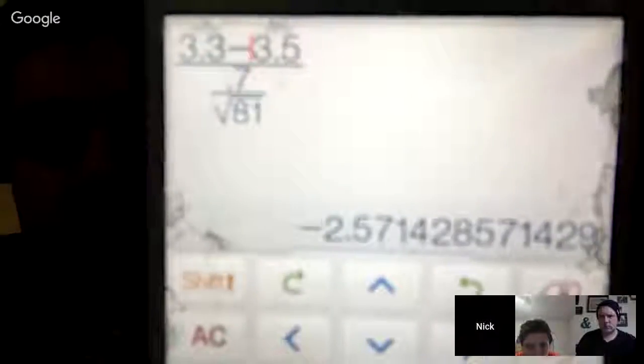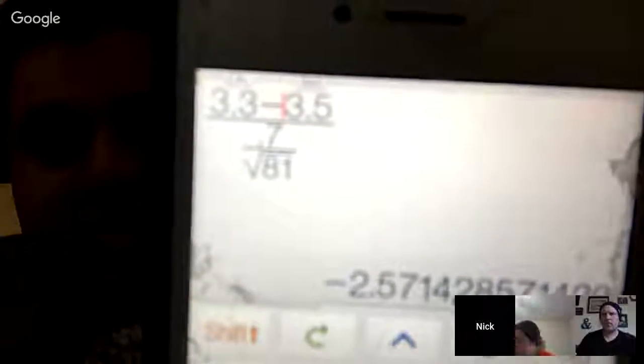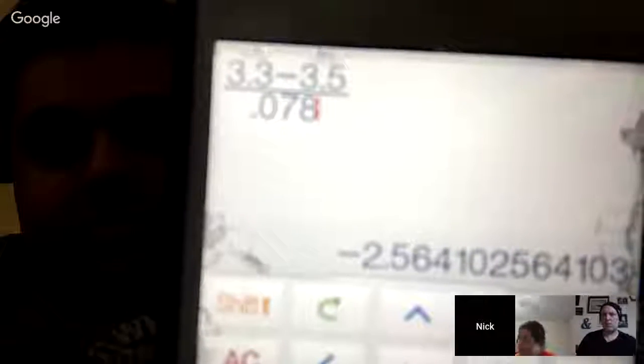So you're saying 3.3 minus 3.5 divided by 0.078. Here, this is what you get with the 3.3 minus the 3.5: negative 2.571. And this is what you get when you just do the 0.078. I'm wondering if that would make a difference, aside from the actual 3.3 and 3.5, when you just do the sigma and the number.